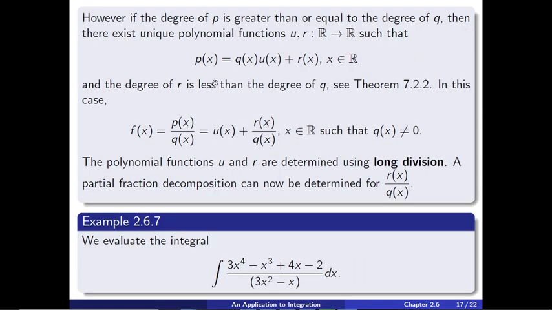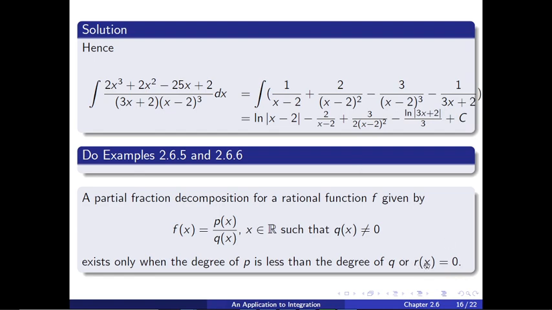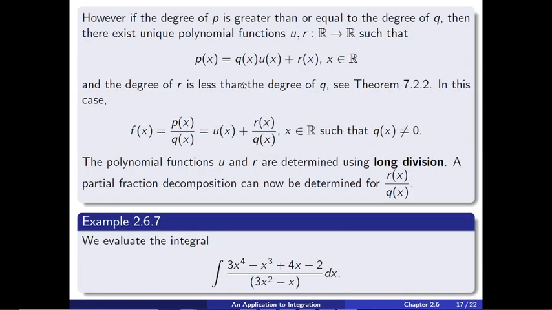Right. So, however, if the degree of P is greater than or equal to the degree of Q, then there exist unique polynomial functions u and r such that P of x is equal to Q of x times u of x plus r of x. So the r of x that is being talked about here is that remainder there, right?